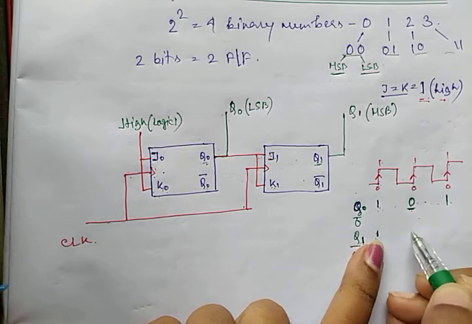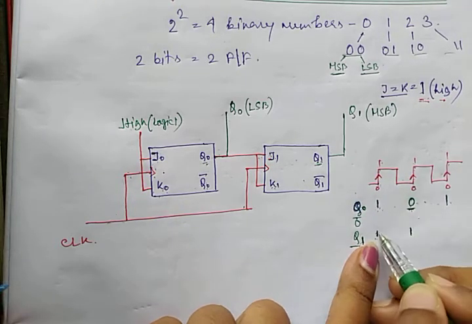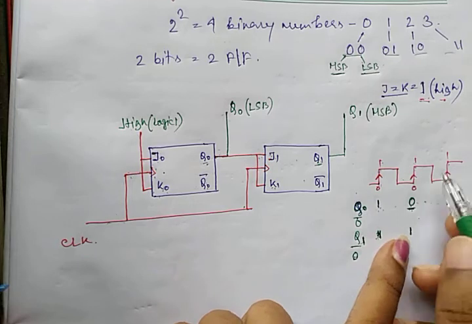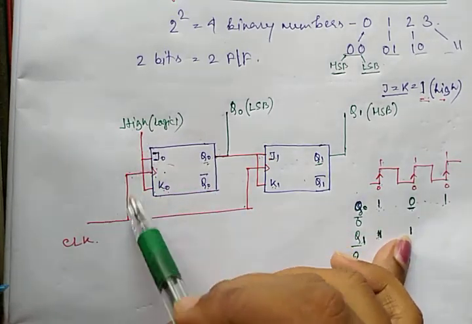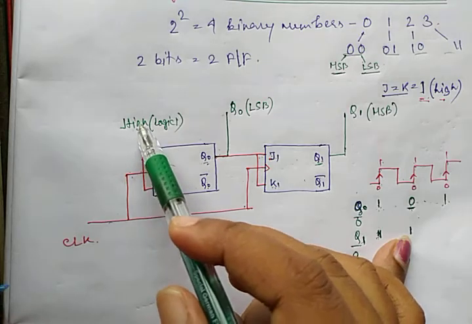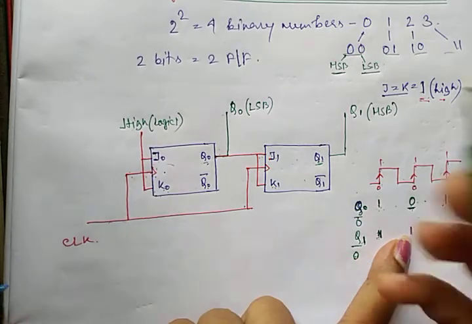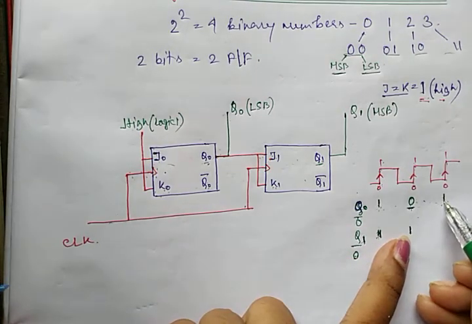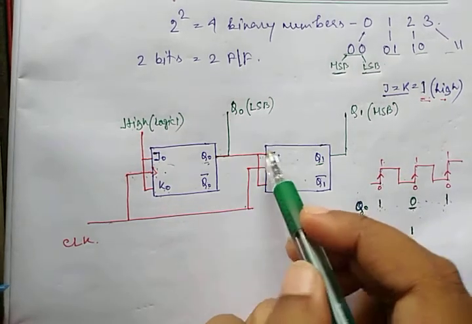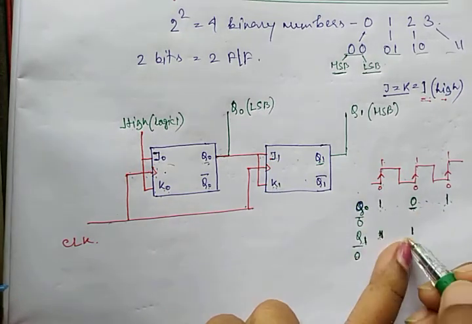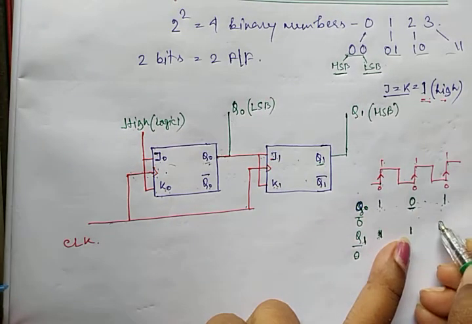It stores its previous value, that is 1. Again in the next clock pulse, Q0 will toggle, since Q0 is connected directly to the clock pulse. So when Q0 is 1, then Q1 will toggle.